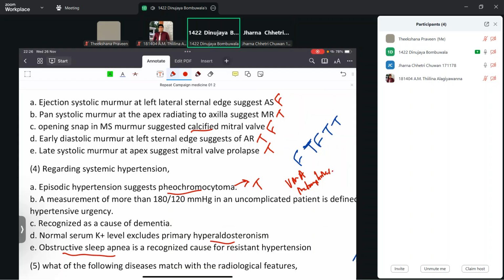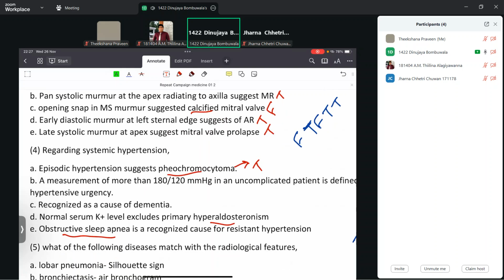Initially we can do both serum and urine tests: serum or urine VMA, serum or urine metanephrines. But now the preferred one is metanephrines, if possible, but it is costly. But metanephrines are the better one. Then, if it is positive, you have to do the surgery and remove the tumor.